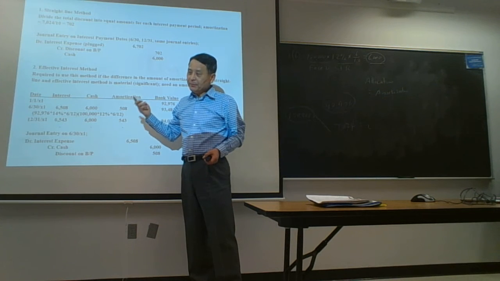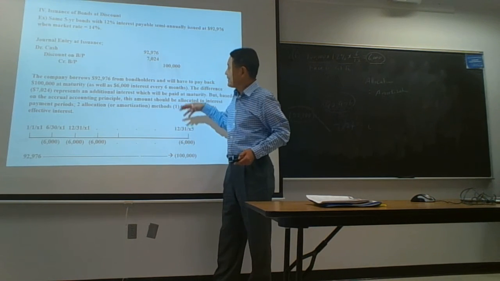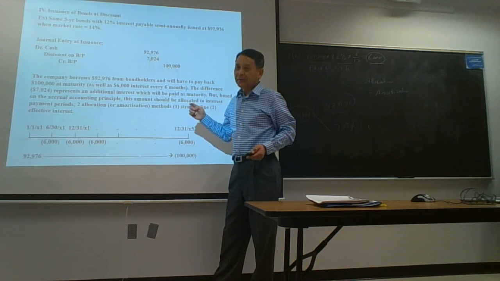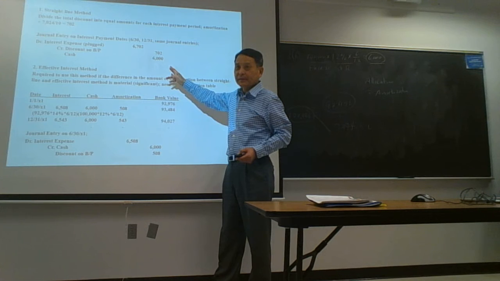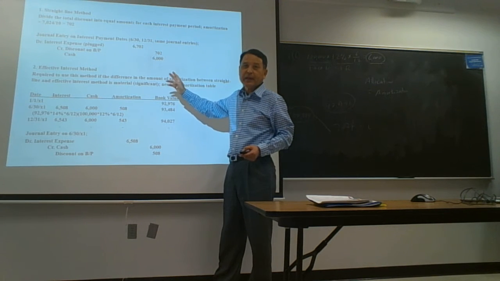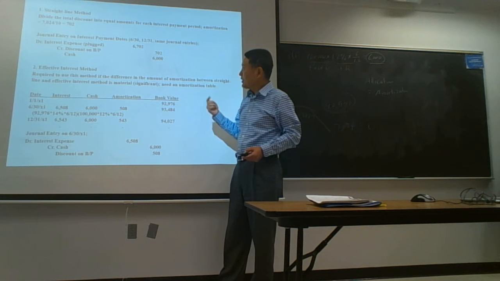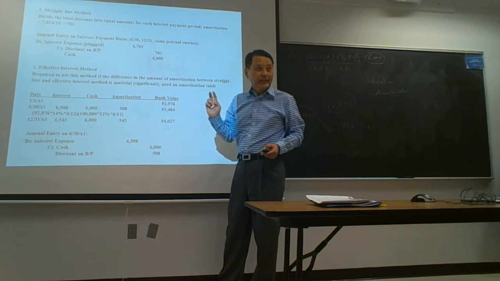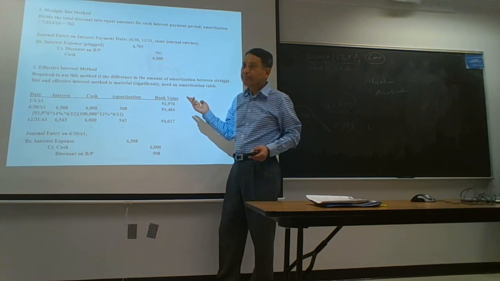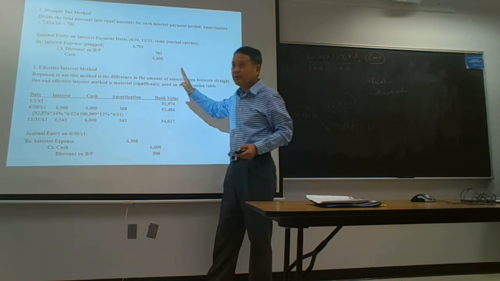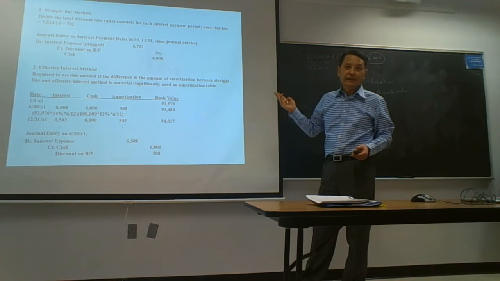So over the life of this bond, in the 5-year life, this company would record the exact same journal entry like this. Same payment, same interest expense. So the exact same entry would be recorded 10 times on the straight line. Same journal entry over the life of this bond on the straight line.